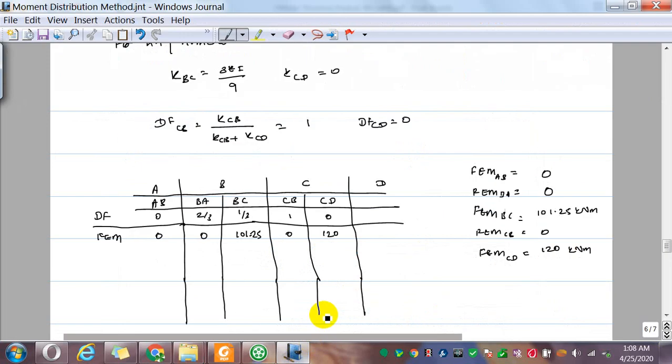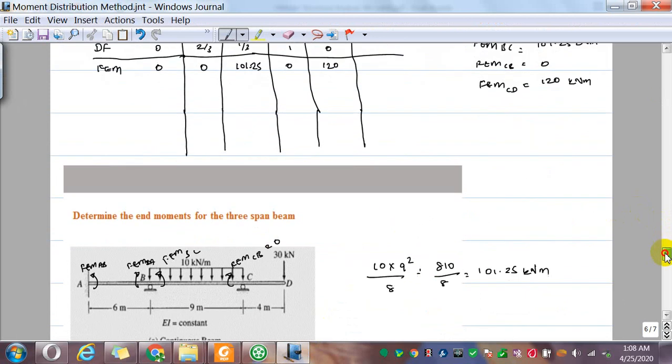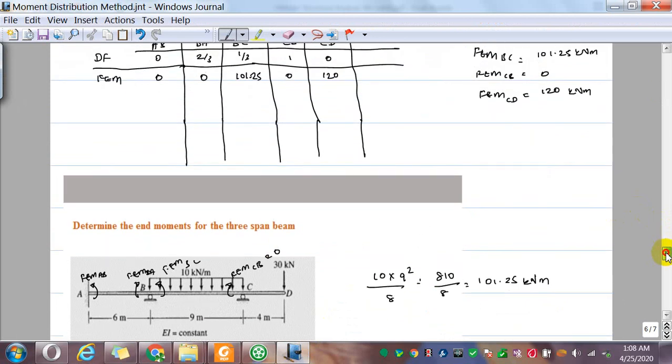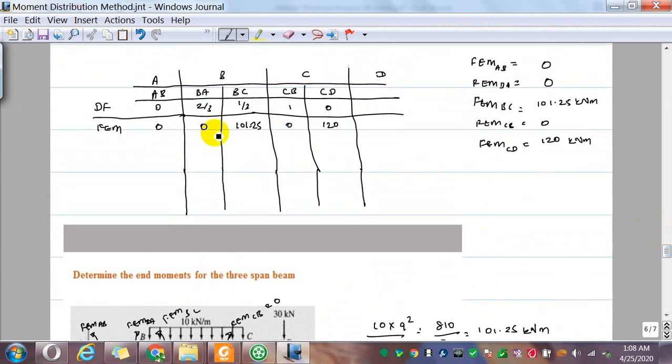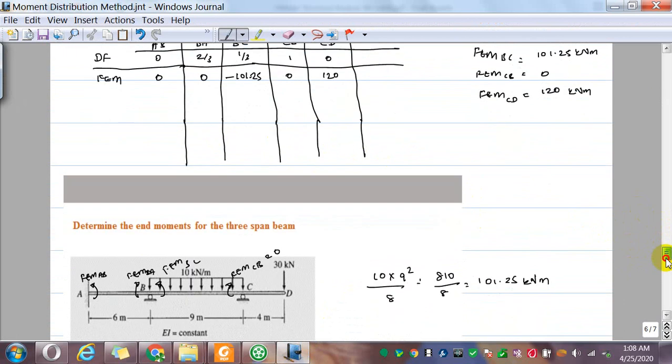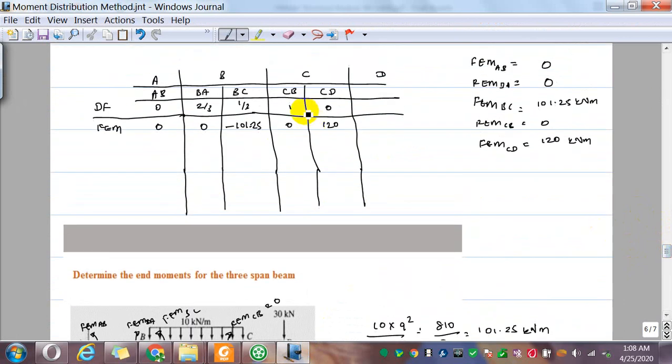The same sign convention here. So AB and BA are 0, 0, so we don't have anything, and BC is minus, and CB is 0, and CD is counterclockwise, minus.